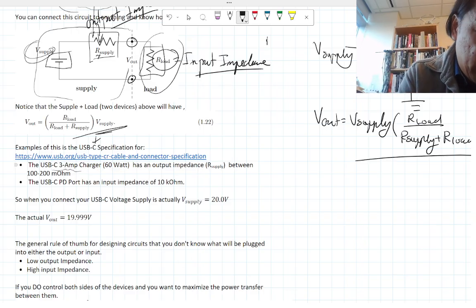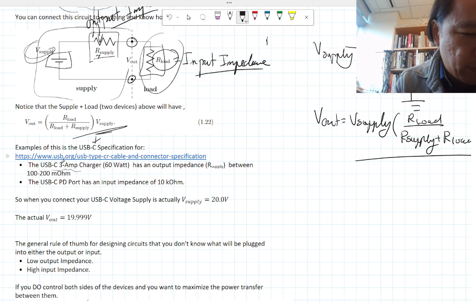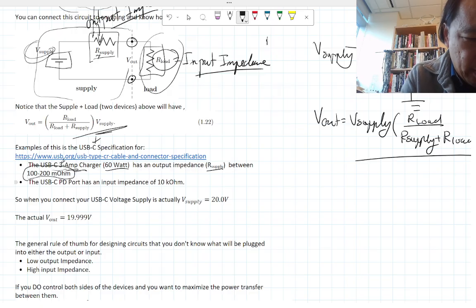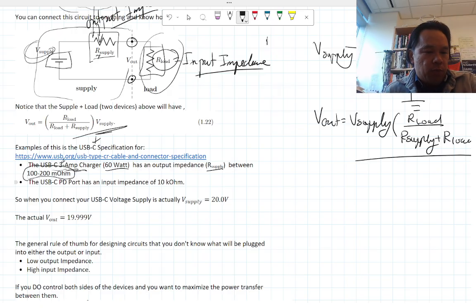Some provide 3 amps of current, some provide 5 amps, some provide 1.5. But let's say you have a 3 amp. The standard, if you were to manufacture one of these USB-C 3 amp chargers, which can provide up to 60 watts of charging, is that your Thevenin's equivalent resistance has to be between 100 and 200 milliohms.